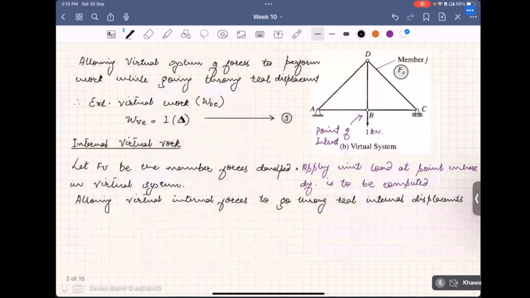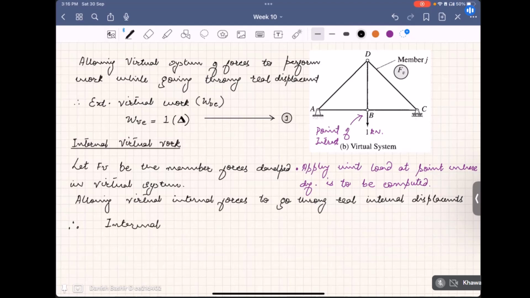Once I got all the quantities, I can write now the internal virtual work. The notation that I will be using here is W virtual, I denotes internal. So W virtual internal will be equal to the internal virtual forces, that is FV.